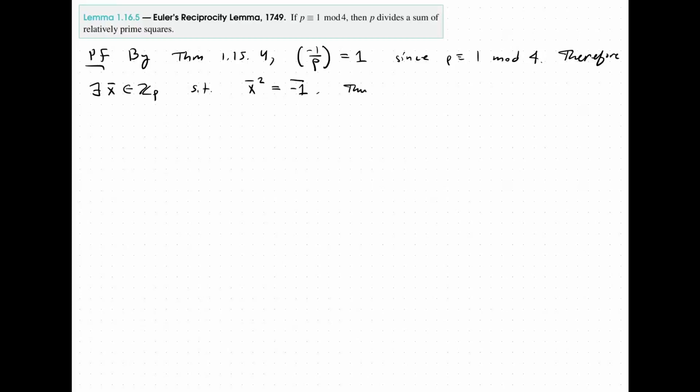And so thus, x bar squared plus 1 bar is equal to 0 bar by equivalent statements for congruence.